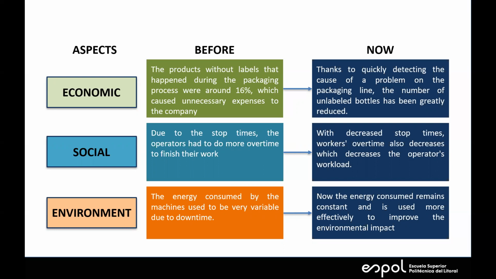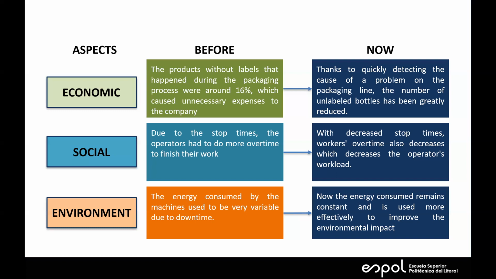Social: due to the stop times, the operators had to do more overtime to finish their work. This happened before, and now with decreased stop times, workers' overtime also decreases, which decreases the operators' workload.